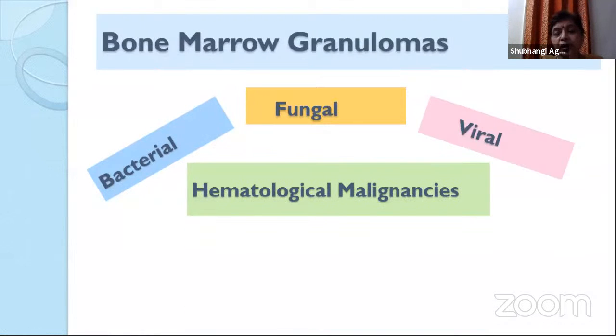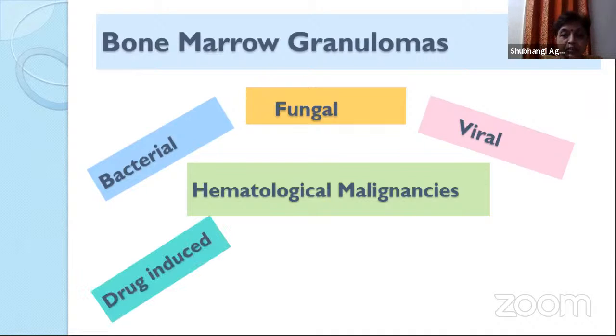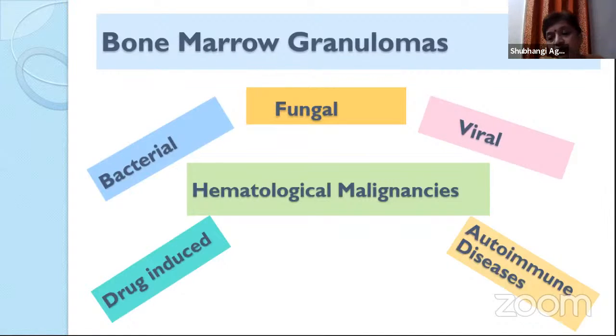The hematological malignancies which are associated with granulomas are Hodgkin's disease and non-Hodgkin's lymphomas. Then you have drug-induced granulomas. If the patient is on chlorpromazine, the patient is known to develop granulomas. Then you have autoimmune disorders such as rheumatoid arthritis, which cause granulomas in the bone marrow.